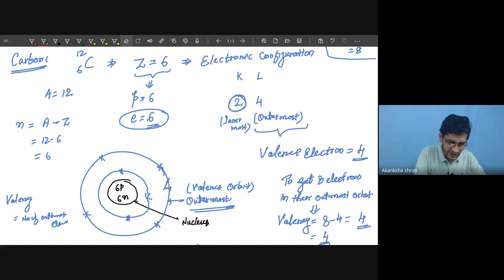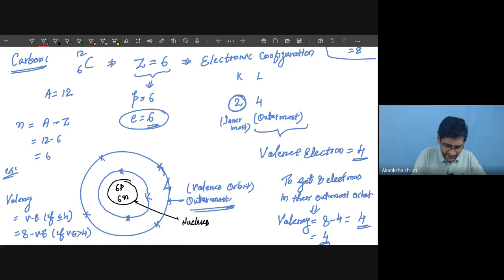This outermost electron is also called the valence electron. So valency simply equals the valence electron if it is less than or equal to 4, and it equals 8 minus the valence electron if the valence electron is greater than 4. You can observe this.